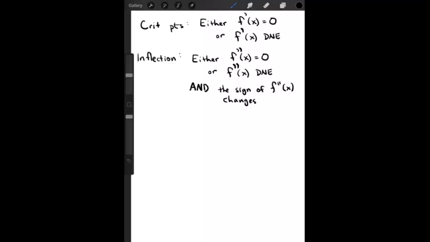When you're talking about increasing or decreasing, there's no such thing as an endpoint. That's for when you're talking about extrema.